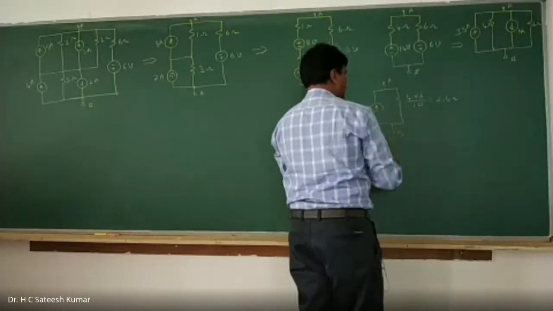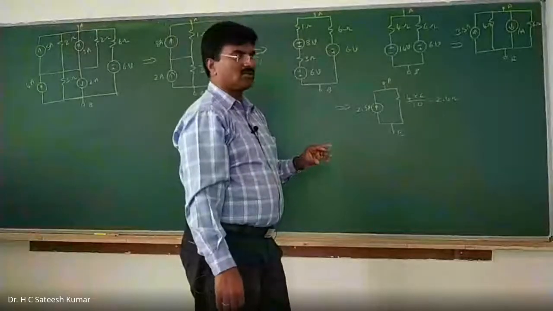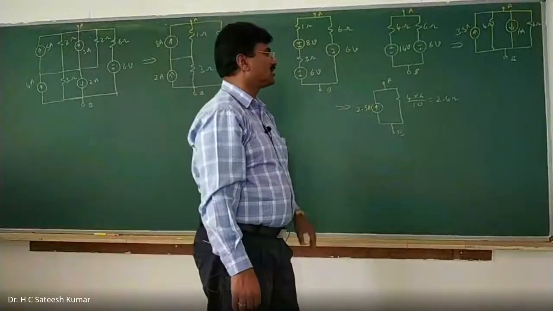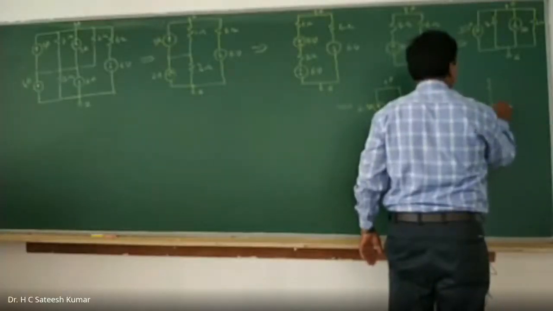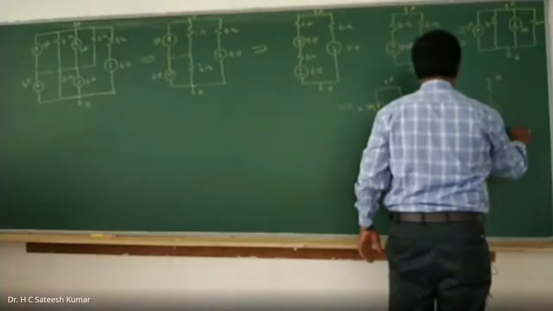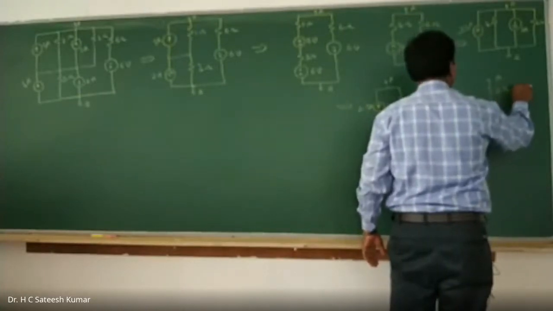Now, what is said in the question? Reduce the given network into a voltage source in series with a resistance. So 2.4 ohms, you write as it is.